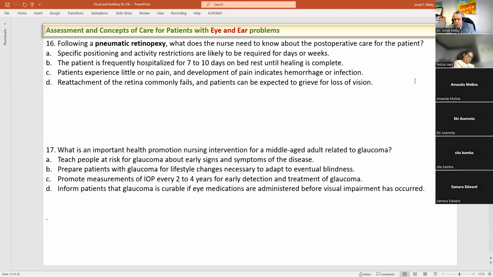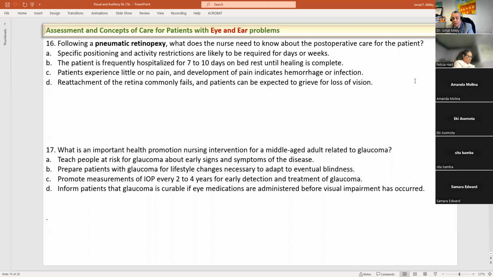And so the answer is C, because glaucoma develops, as I said, slowly and without symptoms. So it's important that the IOP be evaluated every 2 to 4 years in persons between age 40 and 64, and in people over 65 years old, we recommend that we do the IOP every 1 to 2 years.